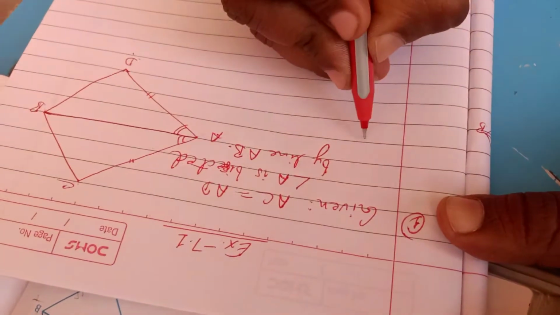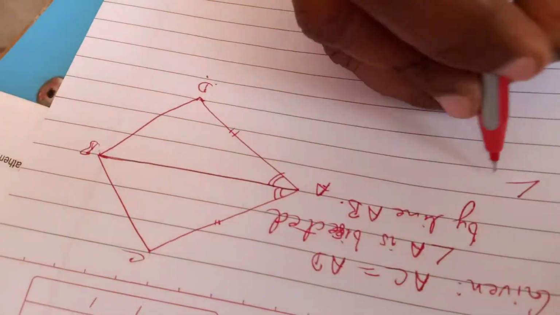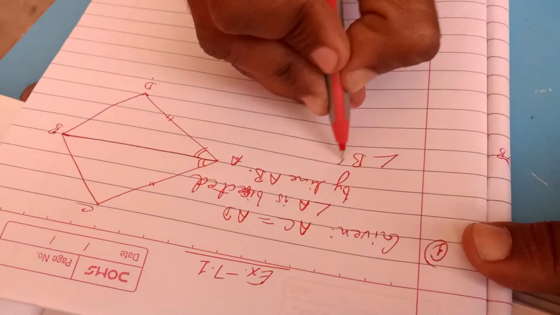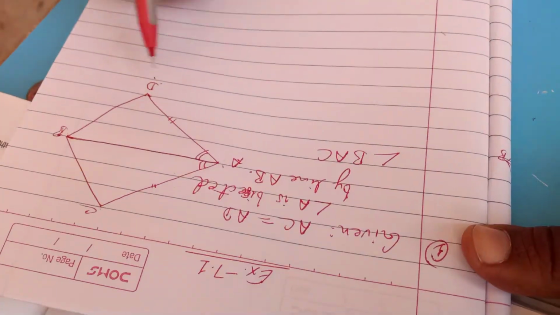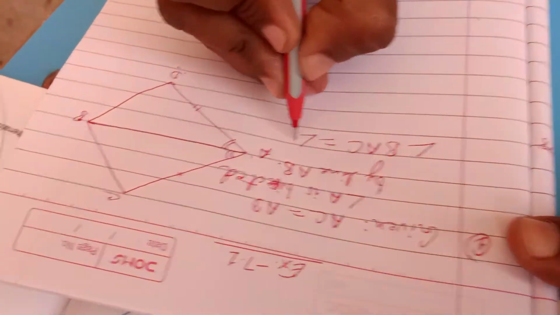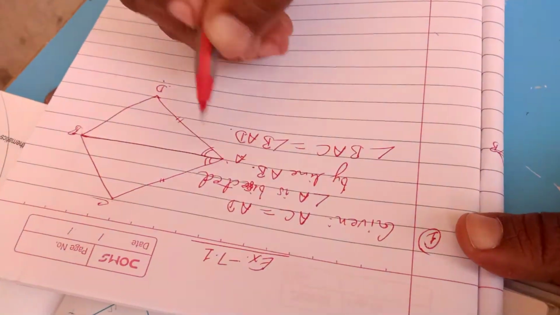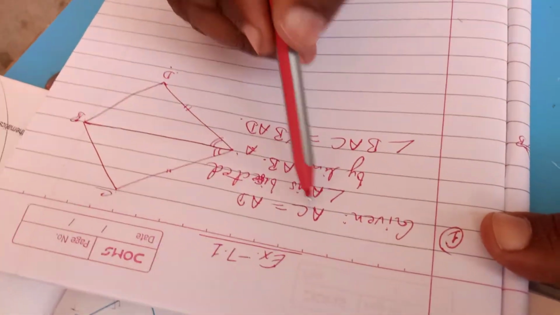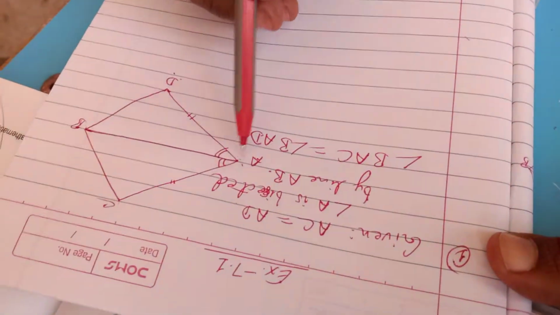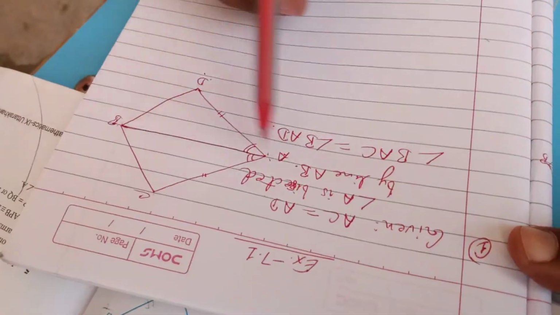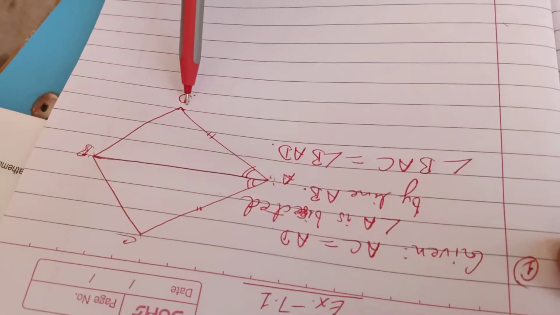It means कि angle BAC is equal to angle BAD. These two things they have given. AC is equal to AD and angle BAC is equal to angle BAD. Fine.